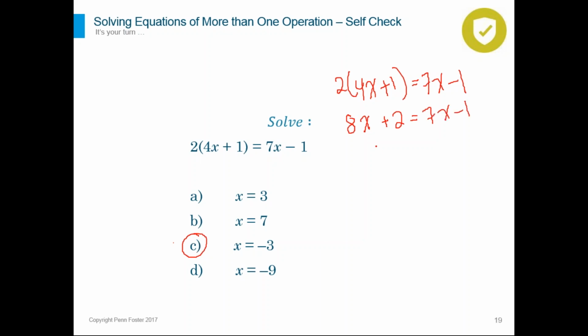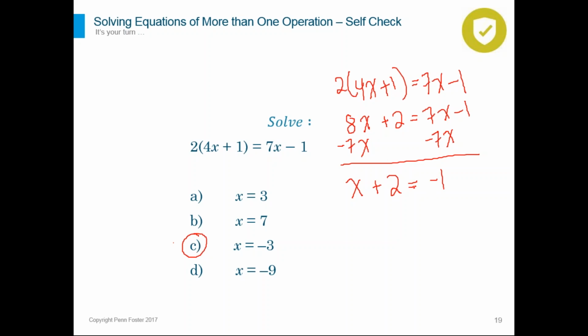Now, all I have is two variables on different sides of the equation. Bring that variable, the 7x, over to the left-hand side. So subtract 7x and subtract 7x. 8 minus 7 is just 1x, which we write in algebra as x, plus 2 equals 2. That's a 0, and then minus 1.